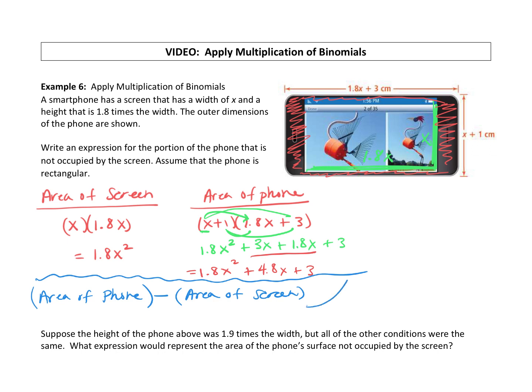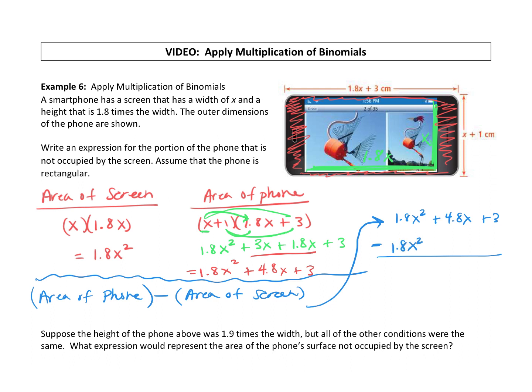So I'm going to do this over here. The area of the phone we figured out to be 1.8x squared plus 4.8x plus 3. We're going to subtract, maybe I'll do this vertically, 1.8x squared, the area of the screen.